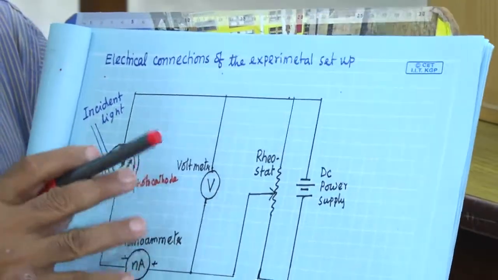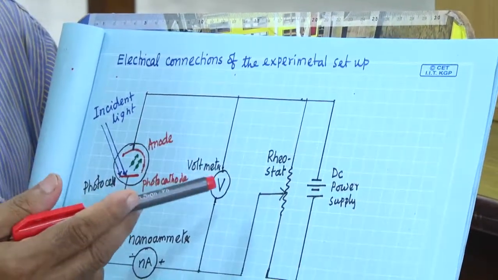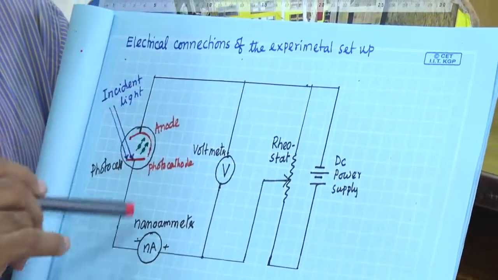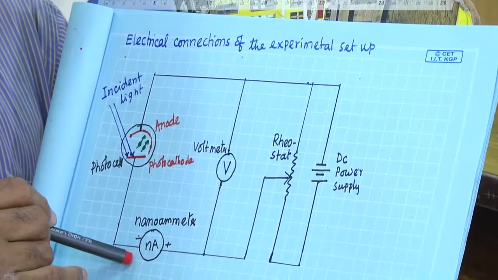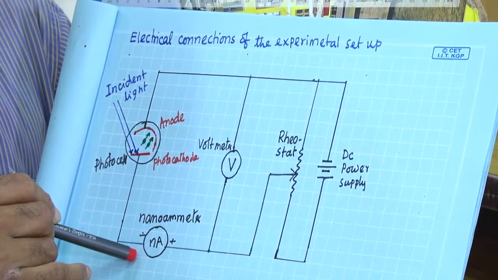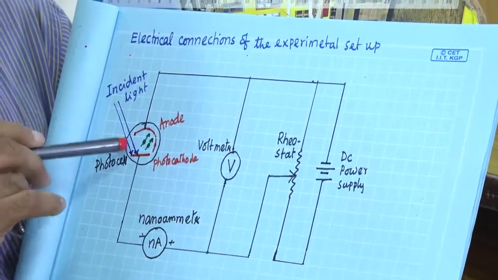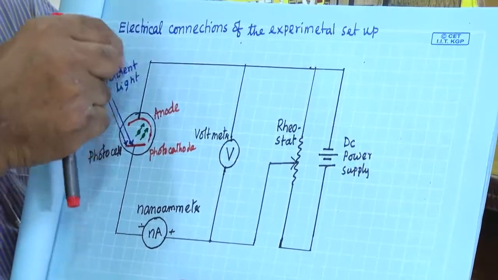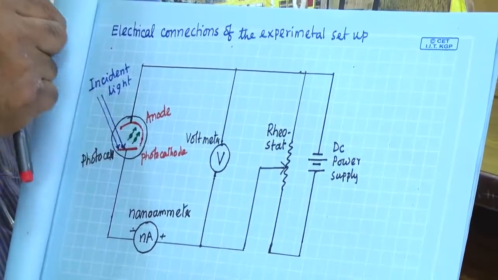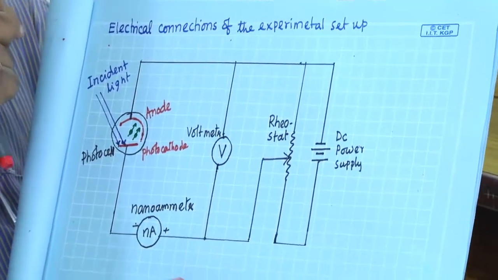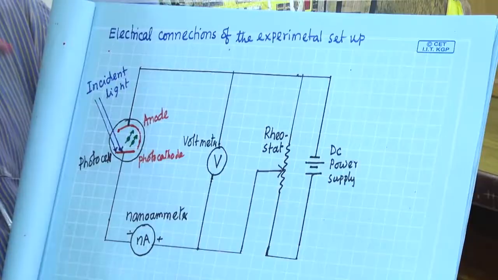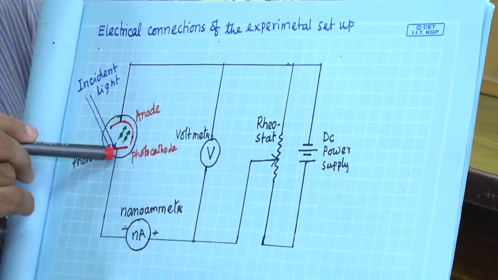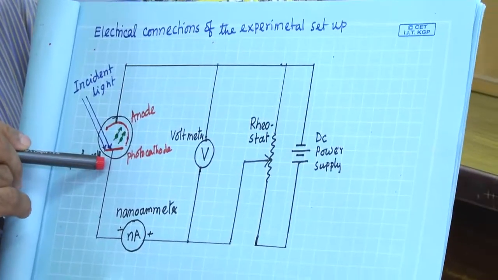So, this is the experiment, and another experiment is where we will apply a particular voltage and choose a particular wavelength. Now, if we increase the distance of this light source from the photocell, the intensity of light on this photocell will decrease.